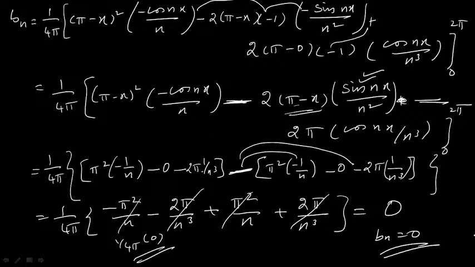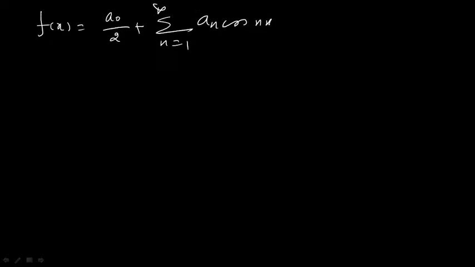So now we calculated the values of A0, An and Bn. Substitute all these values in f of x. You know already f of x is equal to A0 divided by 2, that is the general Fourier series representation of the given function, plus sigma n varies from 1 to infinity an cos nx plus sigma n varies from 1 to infinity bn sin nx. Let me substitute the values of A0, An and Bn.